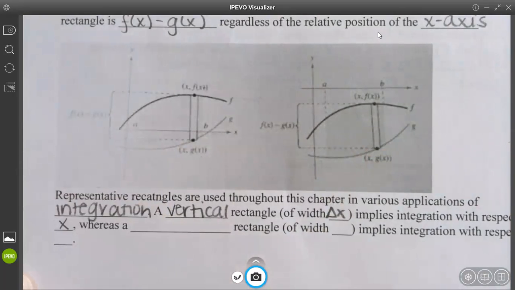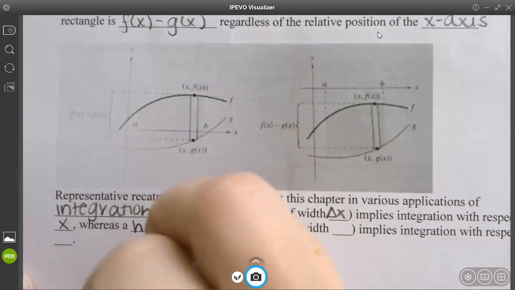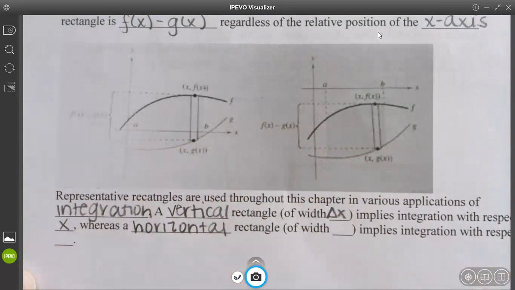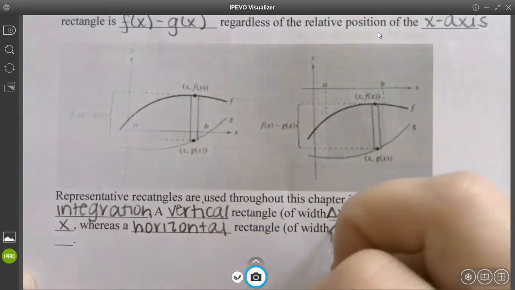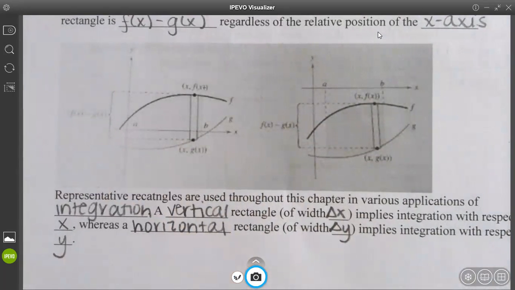But you can also have a horizontal rectangle. How would it change? It's going to have a width of what? Delta y, because we're going to take integration with respect to y. Everybody good?